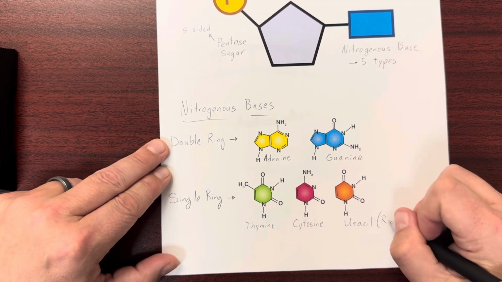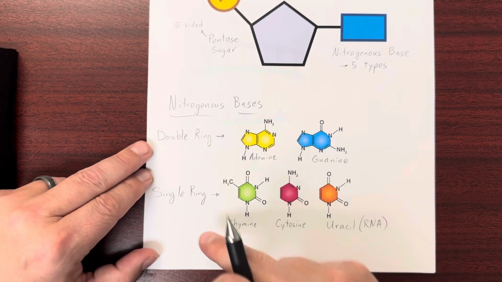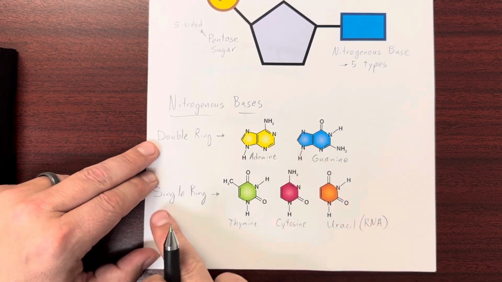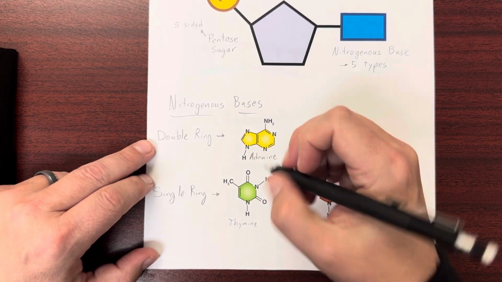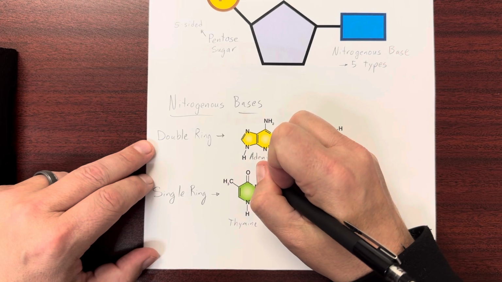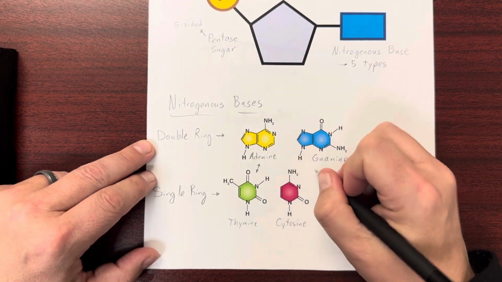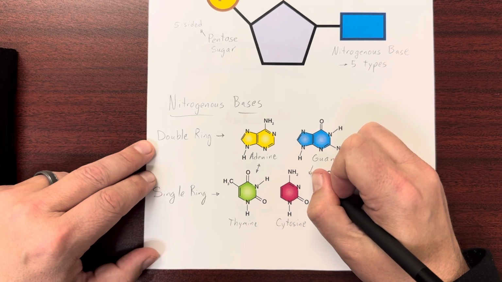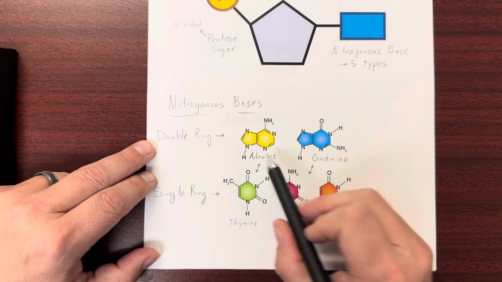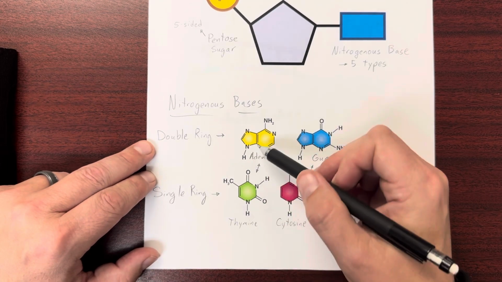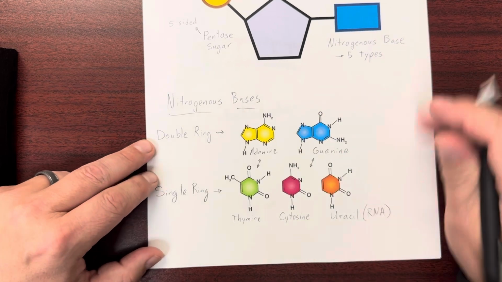It is involved with RNA, another topic. But when you have the double ring bases and the single ring bases, they're going to form bonds between them. So adenine and thymine will bond with each other, and guanine and cytosine will bond with each other. Guanine doesn't bond with thymine, adenine doesn't bond with cytosine. So adenine, thymine, guanine, cytosine.